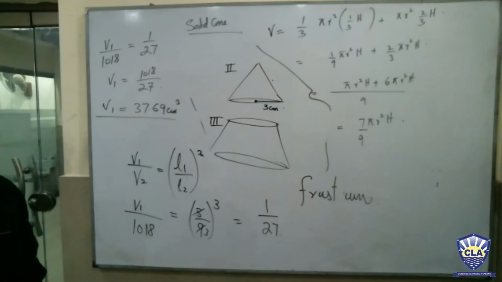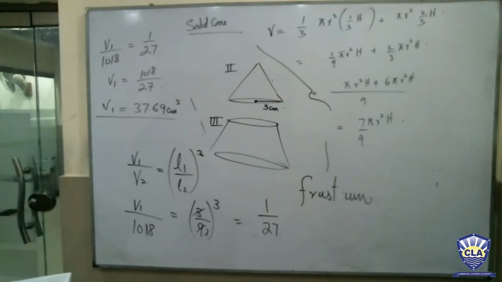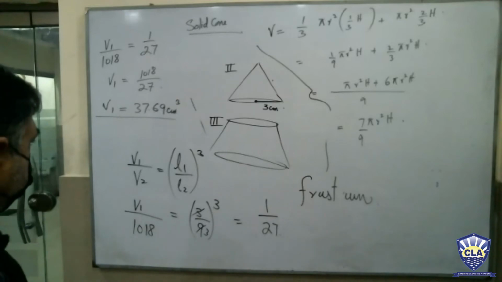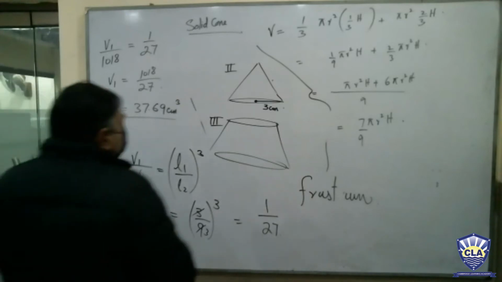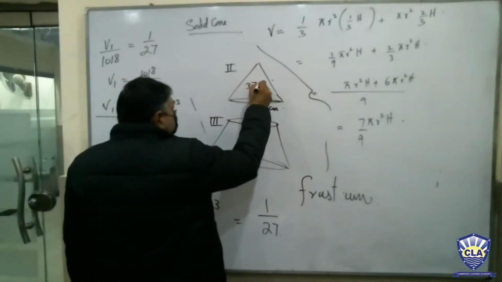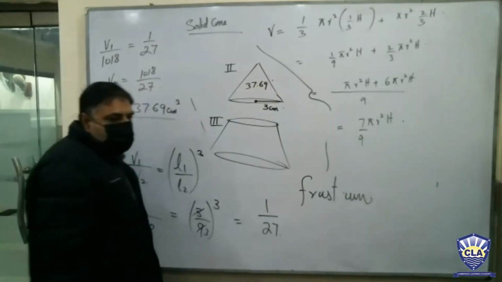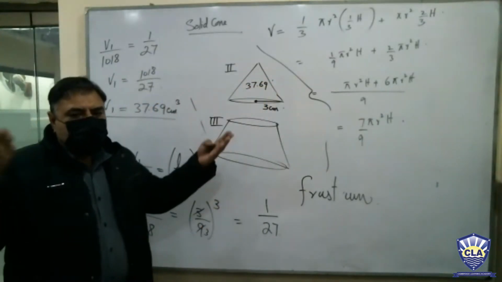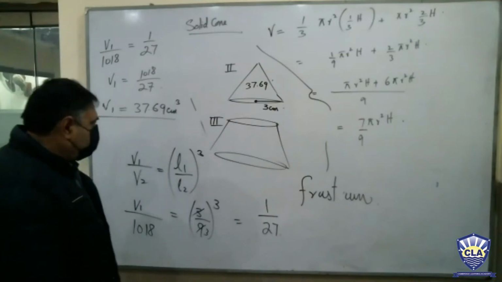Now, what is the volume of the frustum? Sir, we cannot do that. Volume of the frustum: take the volume of the smaller cone, 37.69, and subtract it from the whole cone.